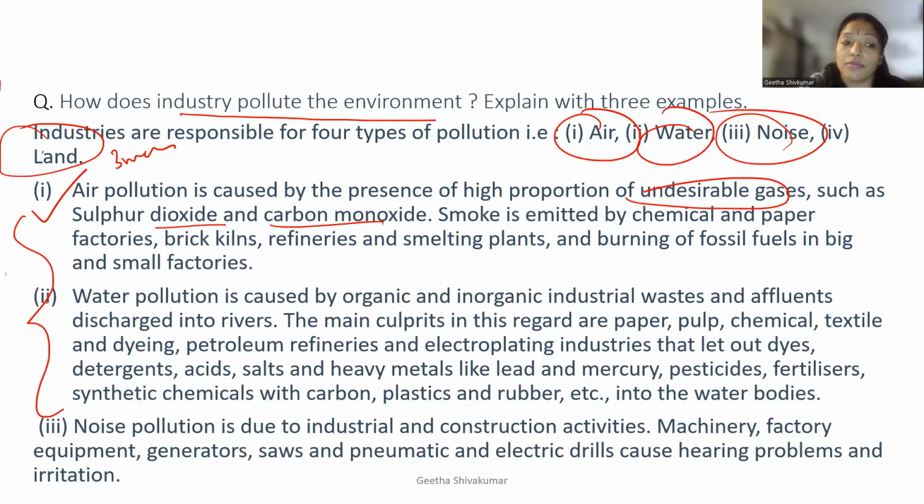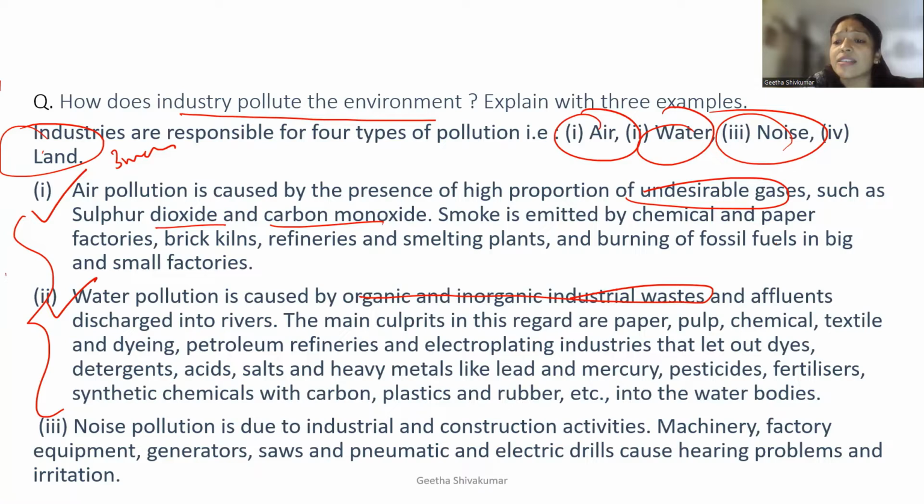Then water pollution. What is water pollution? Anything unwanted which is mixed with the water, when the water is not usable, that is called water pollution. Mainly it is caused by organic and inorganic industrial waste, when industrial waste is dumped into the water, and apart from that, human activities also.